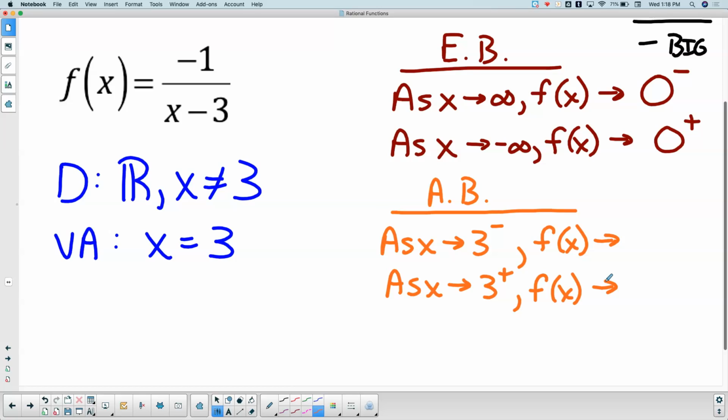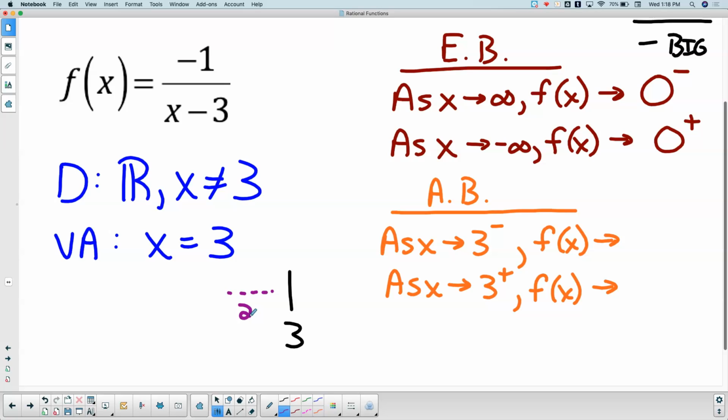Okay, so we've established that we've got a vertical asymptote at 3. So let's come from the left. What's a number on the left side of 3? 2. Okay, we'll put 2 into our equation. Anything on the left is going to have that same property, right?